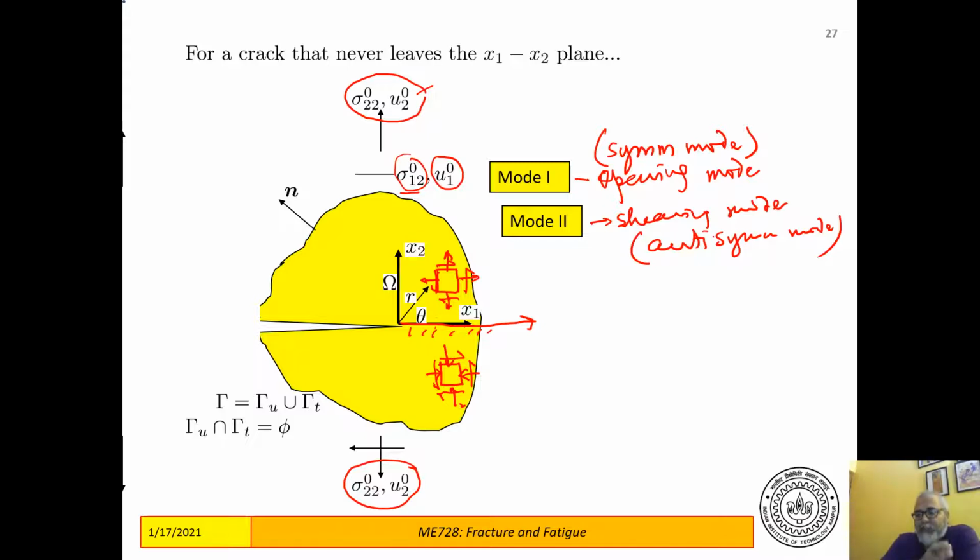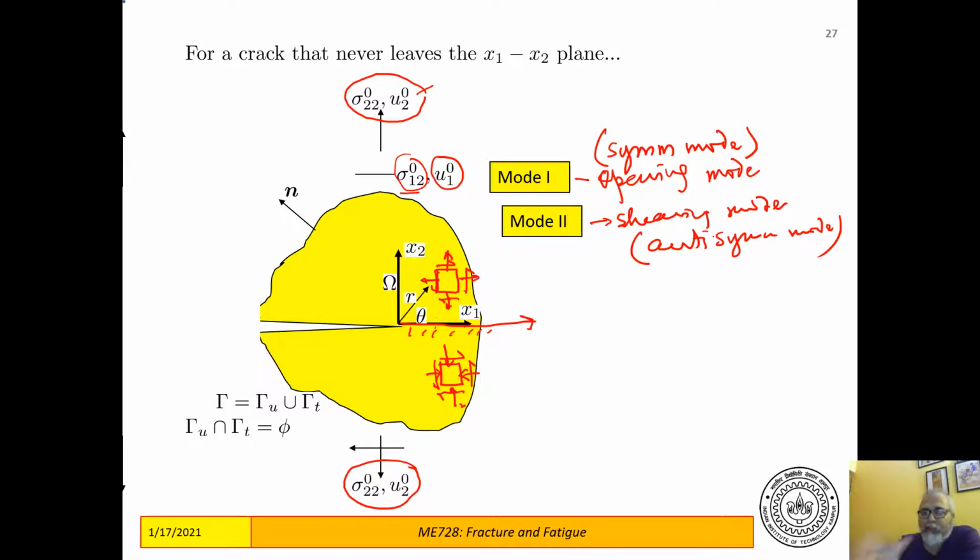So you can apply sigma 110, in which case nothing will happen to the crack because sigma 110 is along the crack line. If you apply sigma 220 only, you are in the opening mode. If you apply sigma 120 only, then you are in the antisymmetric shearing mode. If you apply u20 only, you are in the opening mode. If you apply u10 only, you are in the antisymmetric mode.